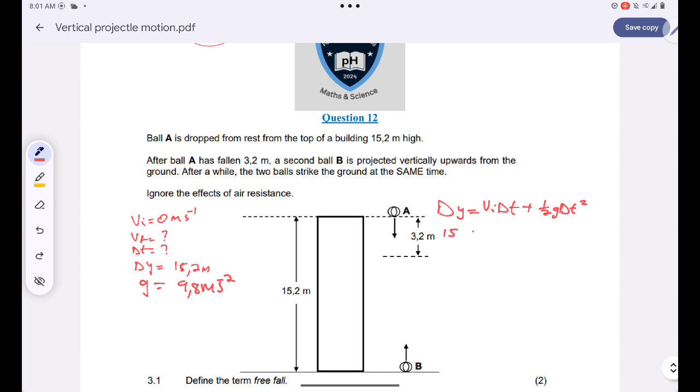I have 15.2 equals 0 multiplied by delta time plus 1 over 2 times 9.8 times delta time squared. That's 15.2 equals 4.9 delta t squared.